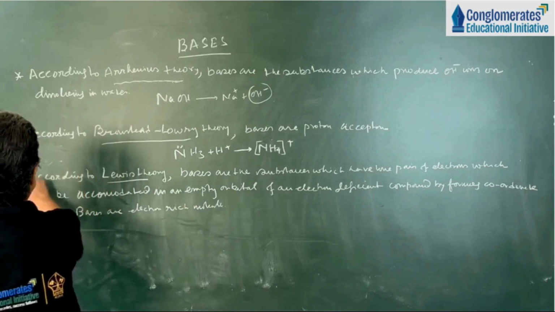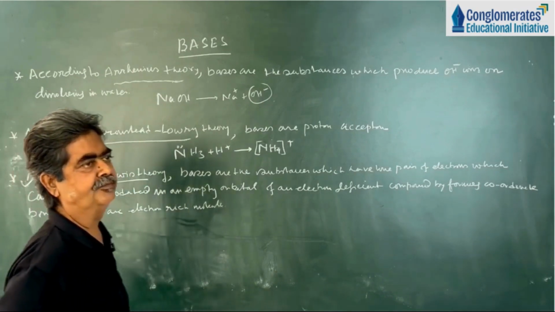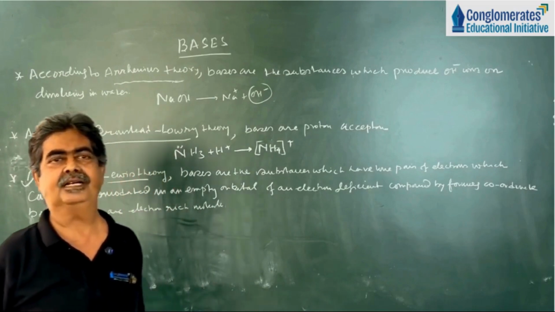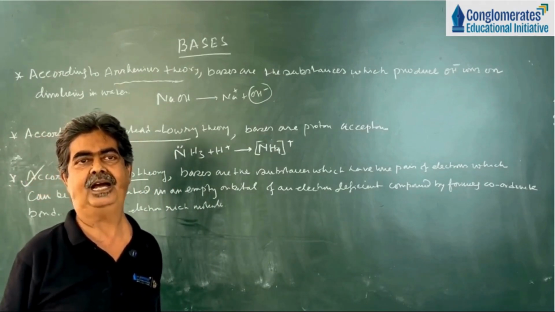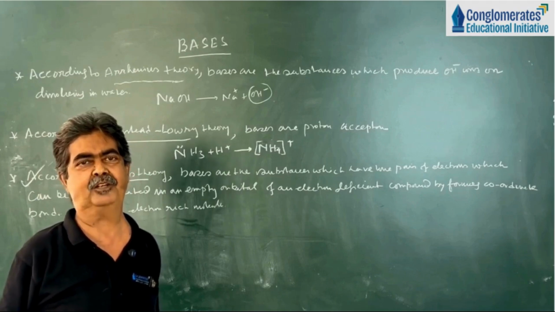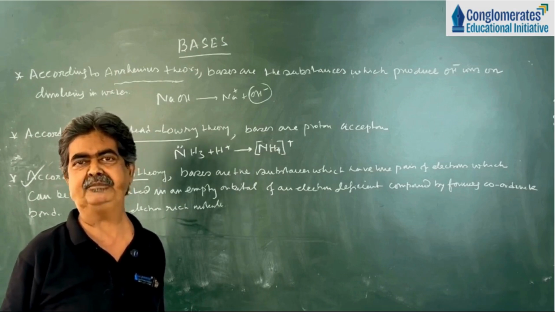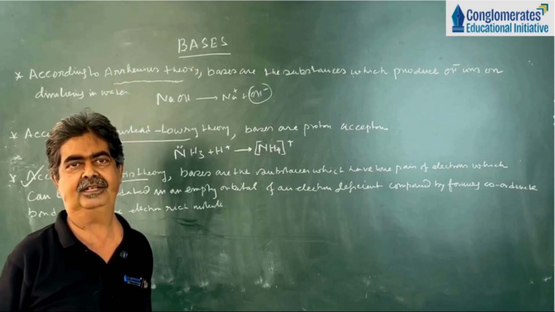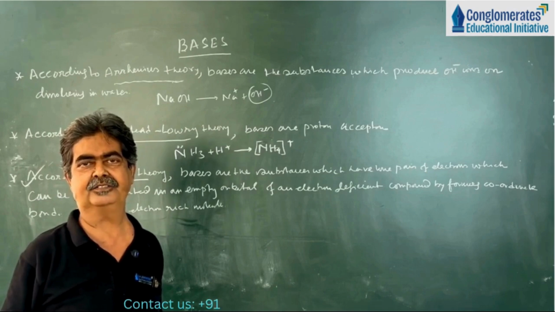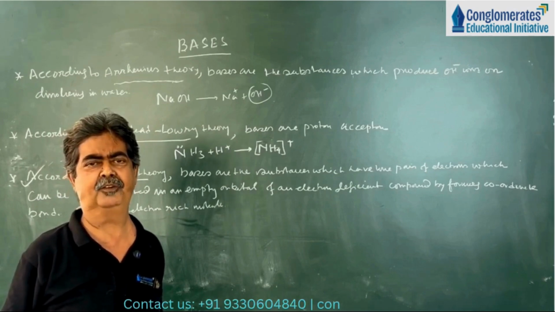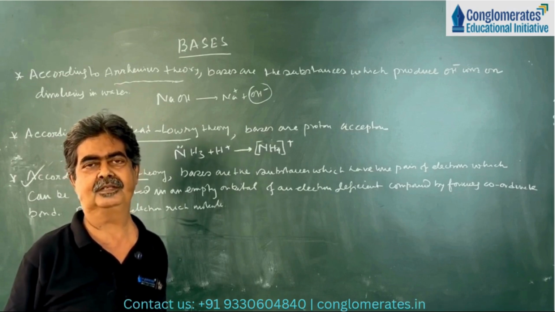And finally, according to Lewis theory, bases are the substances which have an excess pair of electrons or lone pair of electrons that can be accommodated in an empty orbital of an acid or electron deficient molecule by forming a coordinate bond.